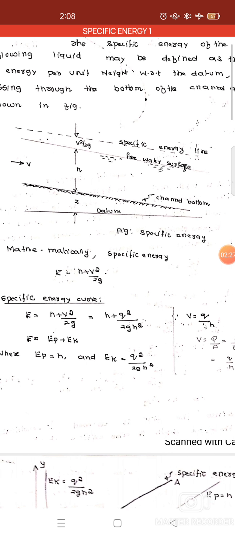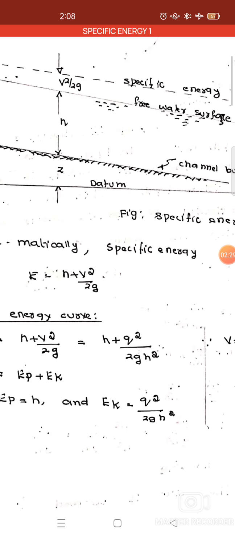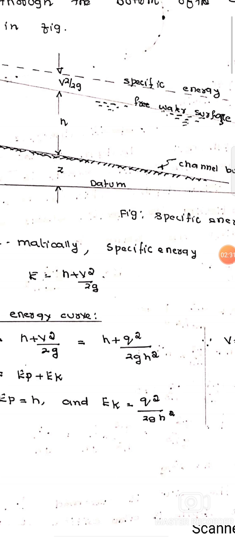So the datum head, potential head and kinetic head together make up the total energy line. But mathematically, the specific energy has only the potential energy and the kinetic energy, so it is written as E is equal to h plus v square by 2g. E is the specific energy, the energy of the flowing fluid, calculated per unit weight of that fluid.